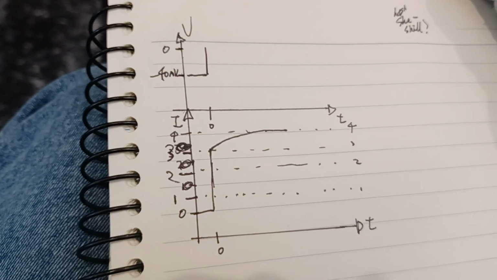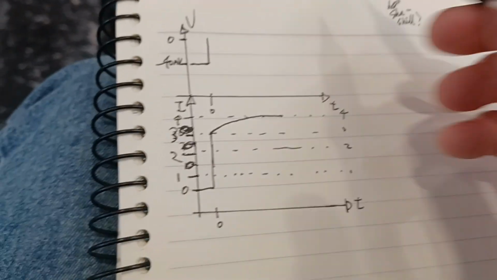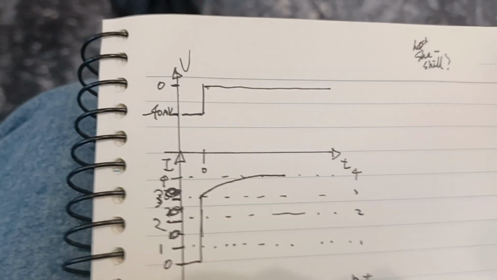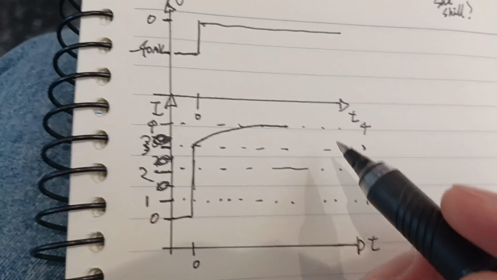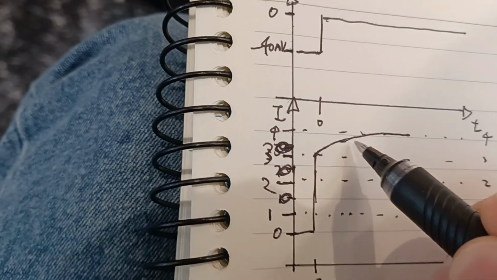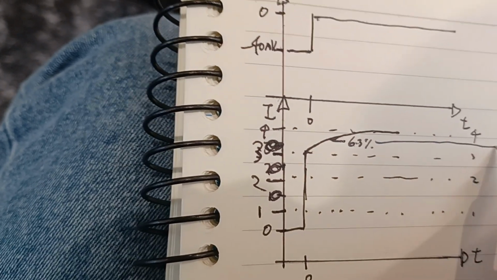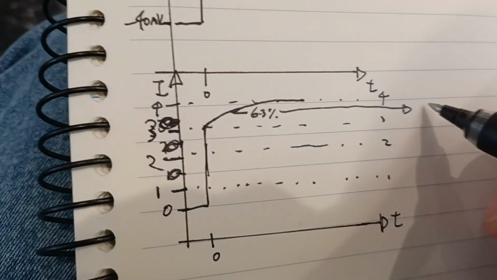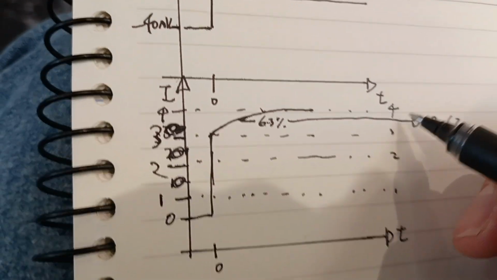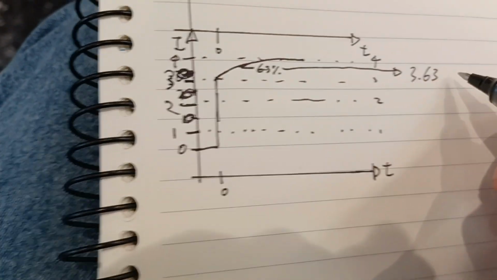And the important part is, what is the time constant, right? So voltage is just gonna stay at 0 millivolt, but in the current, the point where it reaches 63%, the magnitude is gonna be 3.63, because that is 63% of the magnitude of the steady state change, not the entire thing.